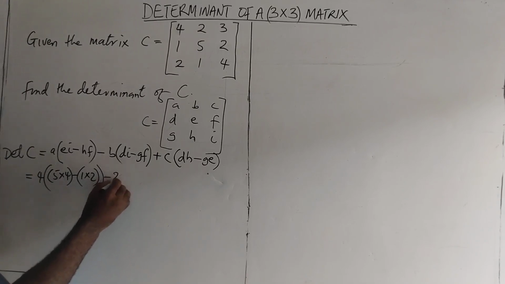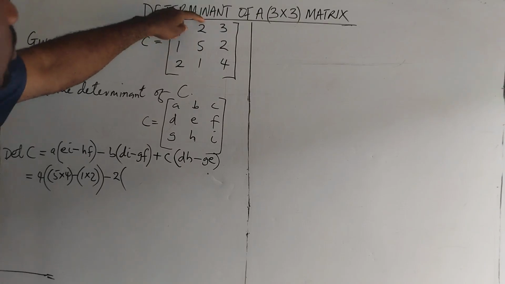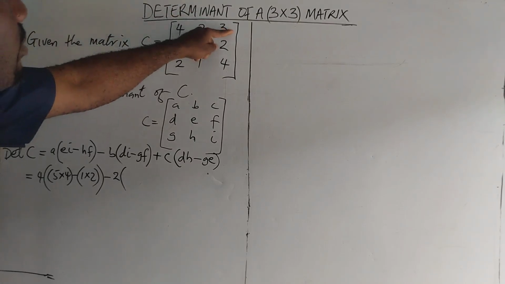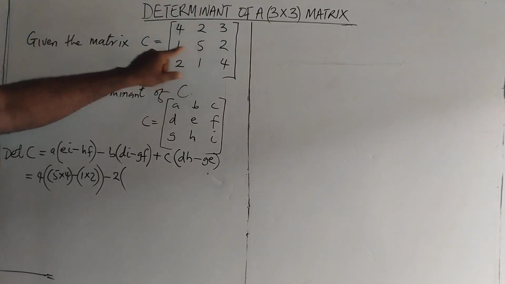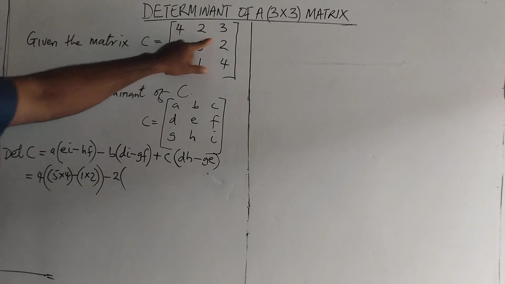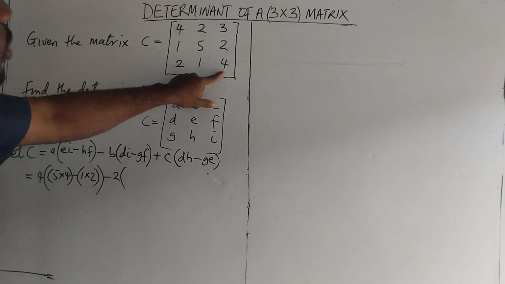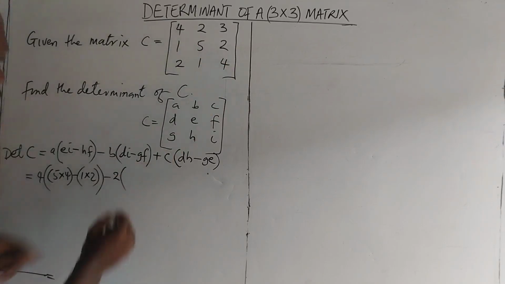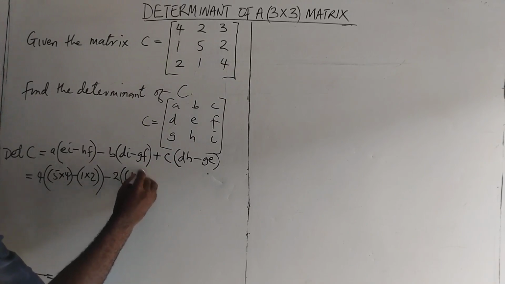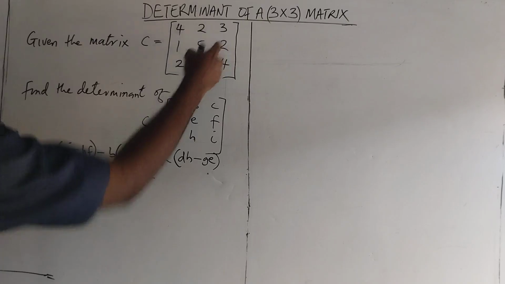Minus, the next one is 2. When we are considering 2, everything in the row and column will be removed. We will have 1, 2, 2, 4 as the minor matrix. Then the determinant is 1 times 4 minus 2 times 2.